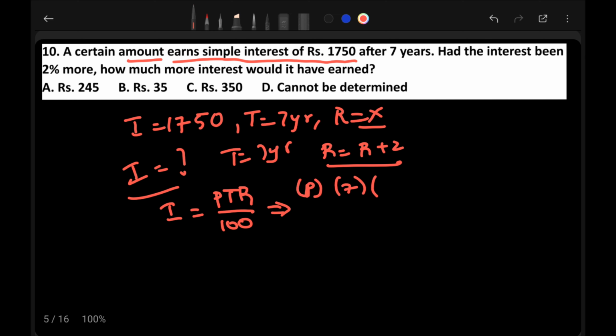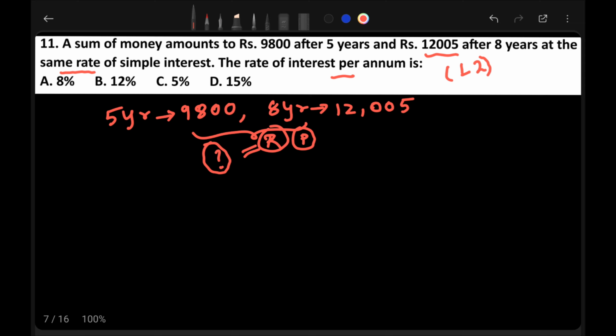Now, this problem we actually discussed in our previous part. It is a level 2 problem. This is one of the problems which cannot be solved by formulas, but with simple brain.